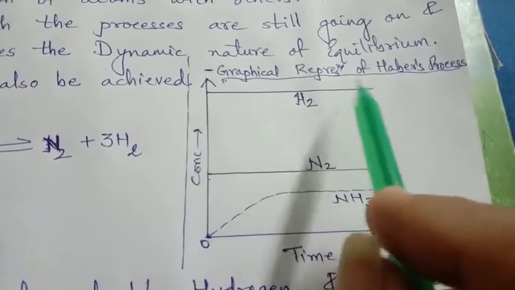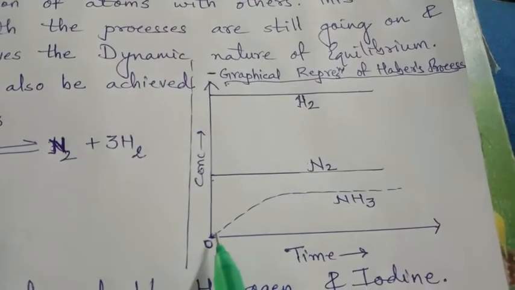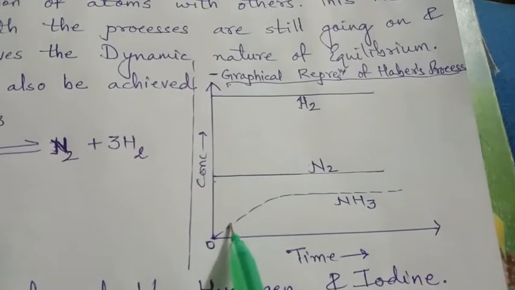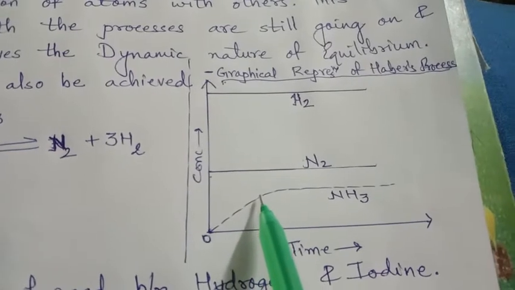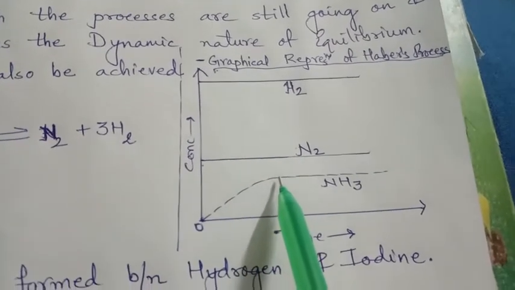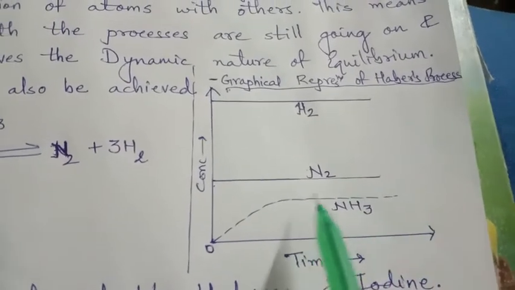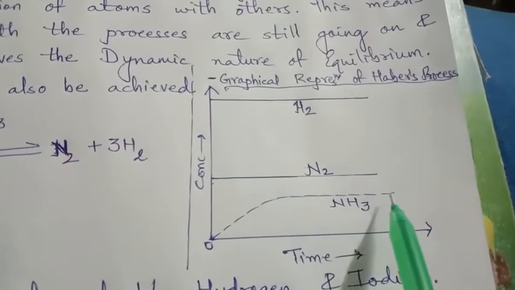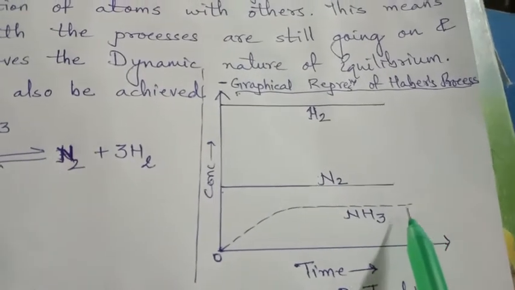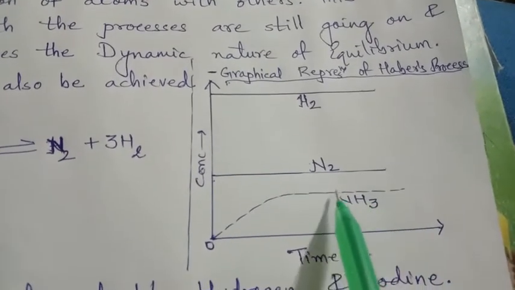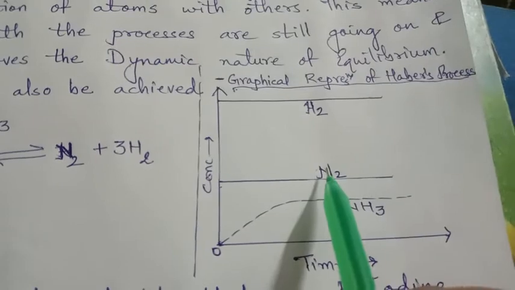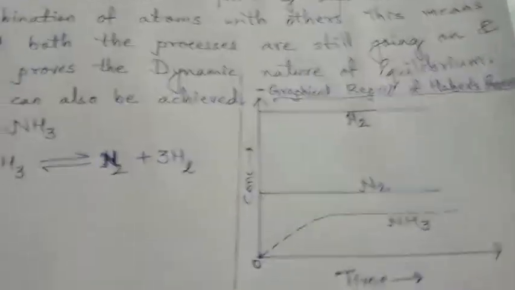When these two start reacting at the initial stage, we can see that the ammonia formation takes place in an increasing manner, and at a certain stage it becomes parallel to the time axis. That means the equilibrium is attained. And again when this ammonia is decomposed, it will separate back into hydrogen and nitrogen.